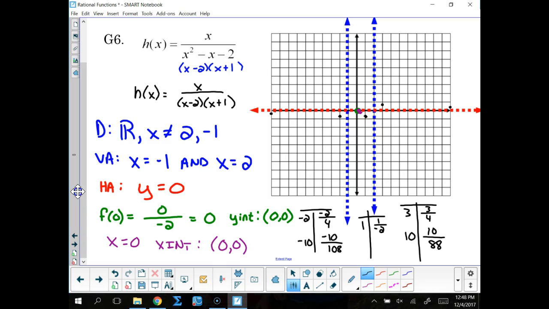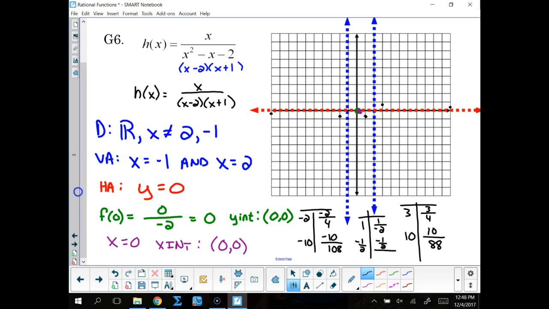So give me a number between my x-intercept of the origin and my vertical asymptote of x equals negative 1. Negative 1/2. And really, all I'm looking for here is positive, negative, right? If it's positive, it's going to cross and go up. If it's negative, it's going to come up and kiss and turn back and go down.